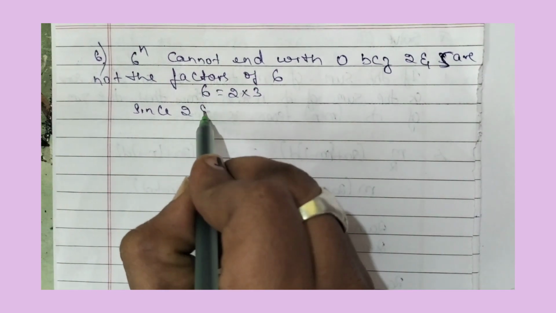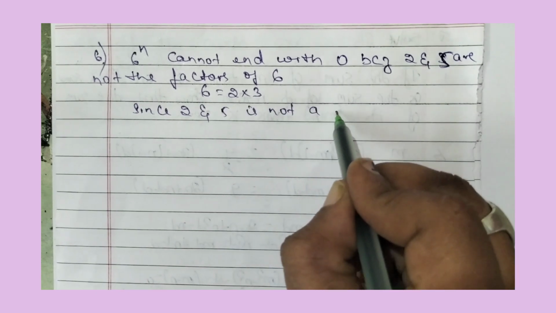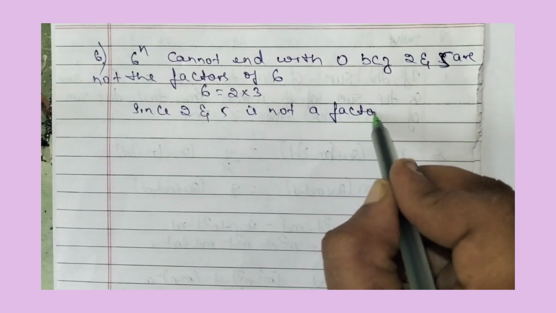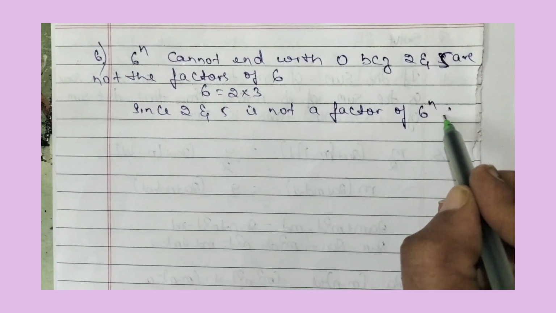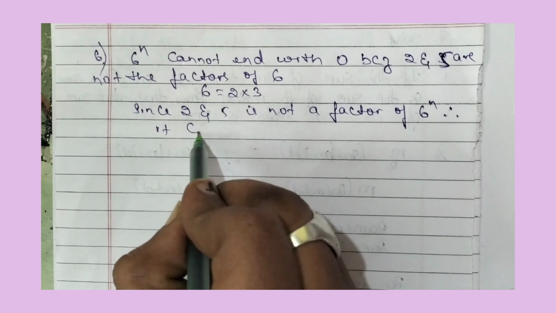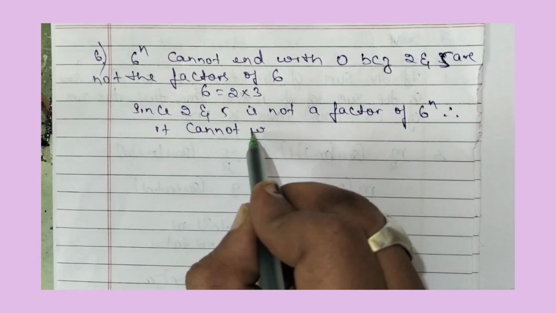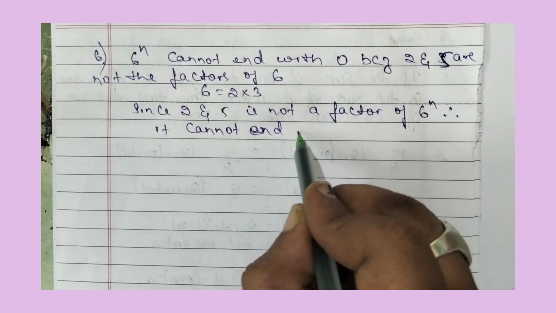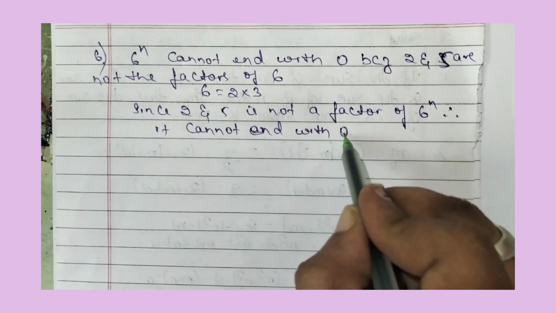Since 2 and 5 are not factors of 6 to the power of n, therefore it cannot end with 0. If it has to end with 0, it should have the factors 2 and 5 both.